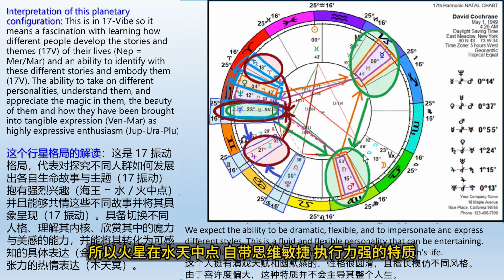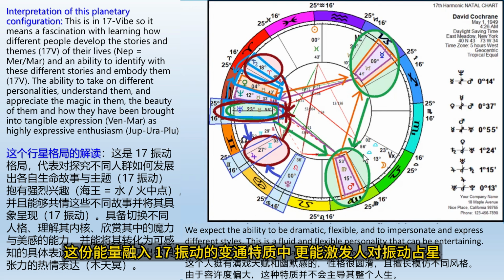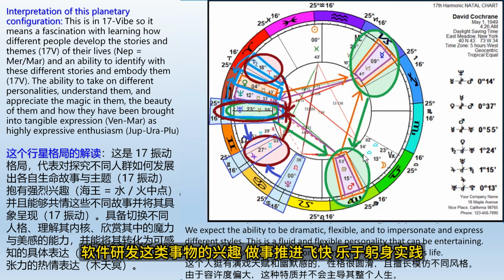So the Mars at Mercury, Uranus is taking that quickness, that application of ideas and getting things done now, the impatience of Mars, Uranus, this dynamic energy, and applying it within the context of this fluidity, and helping charge the interest in things like vibrational astrology, and software development, and moving things rapidly and experiencing them.